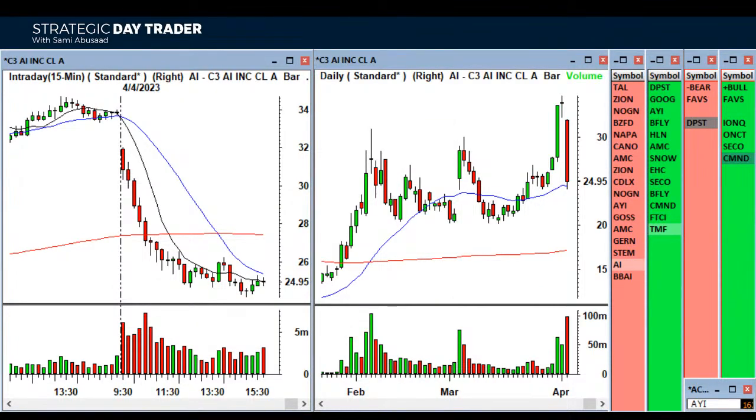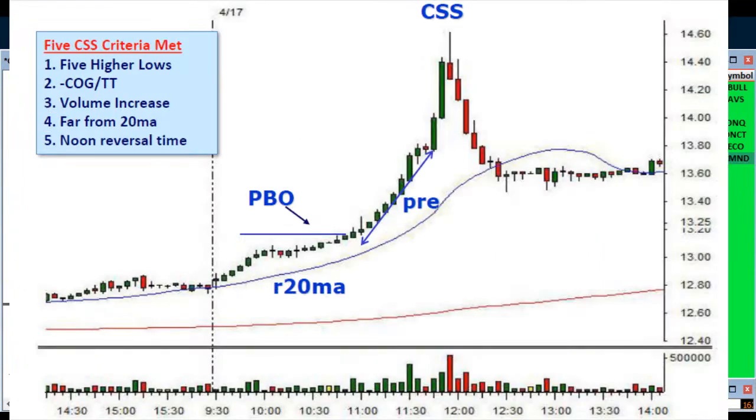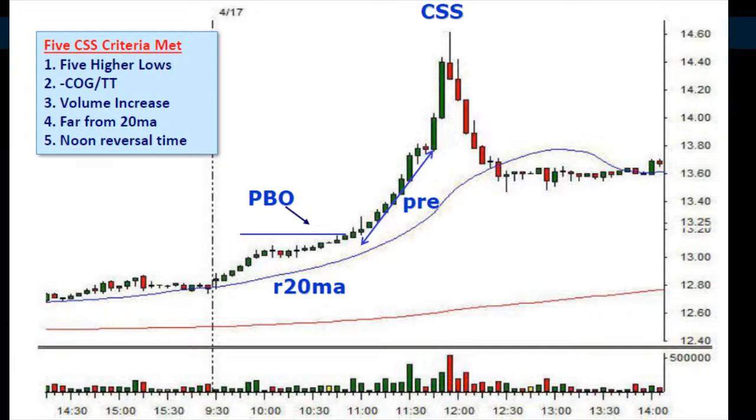I've got a method for playing those pre-climactics, as I call them. Okay, that looks decent. Let me take down the charts for now.